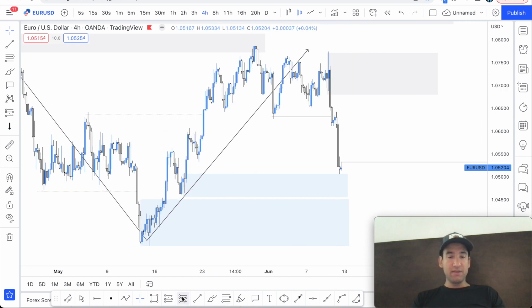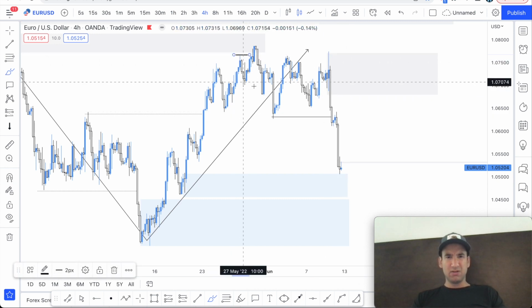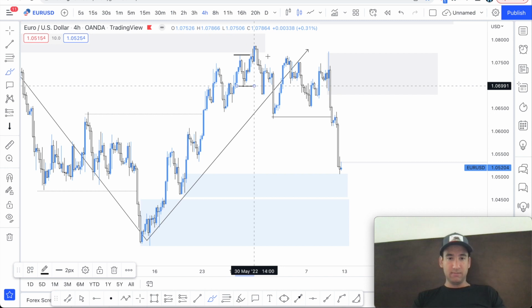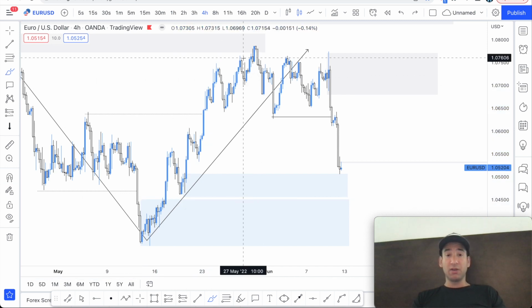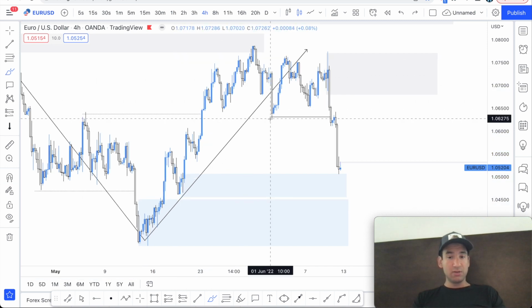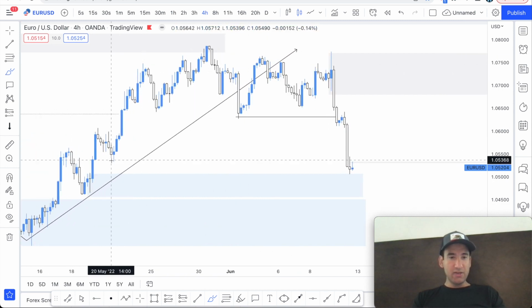And then from this high here, in this impulsive leg over here, where price has pushed up like this, you can see where substructure is switching before major structure has switched. So let me show you here.